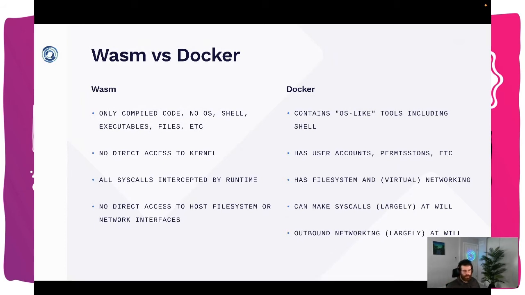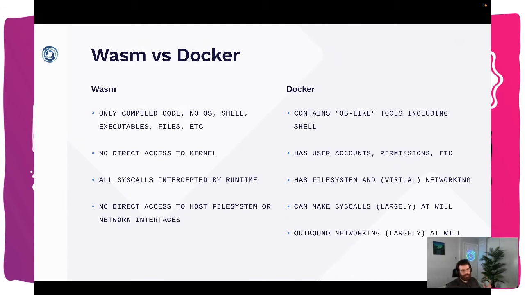A WebAssembly module, on the other hand, is more like a single program. So there are no executable binaries. You won't find curl inside of a WebAssembly module, whereas that's a relatively normal thing to find inside of a Docker container. And so an interesting way to think about this comparison is that a Docker image or an OCI container is more analogous to an operating system, whereas a WebAssembly module is more analogous to a single program.